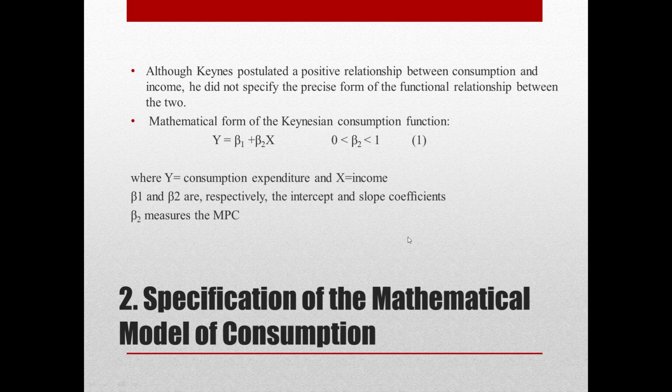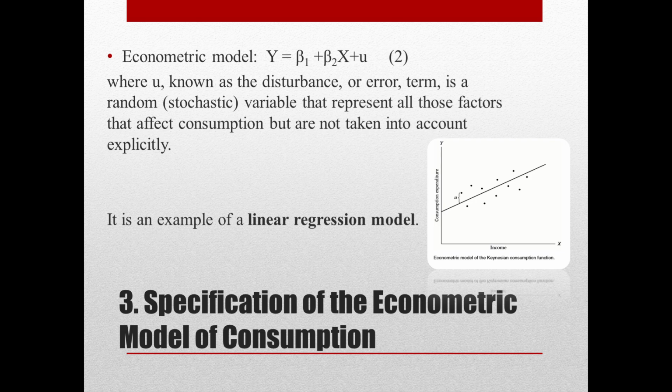So our next step is to modify this mathematical model into an econometric model. This equation 2, which is y is equal to beta 1 plus beta 2x plus mu, is known as the econometric model of consumption.